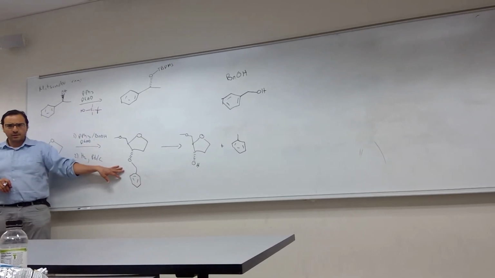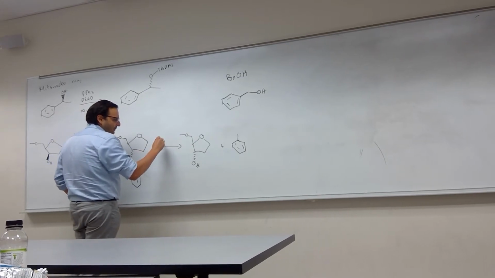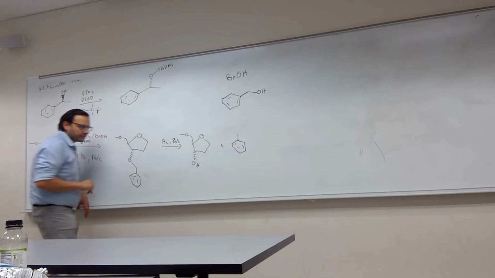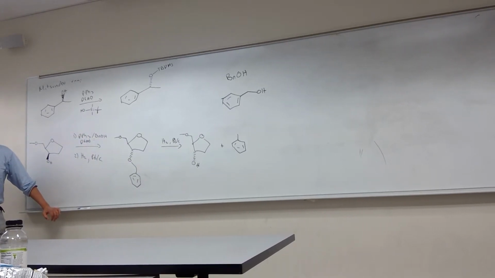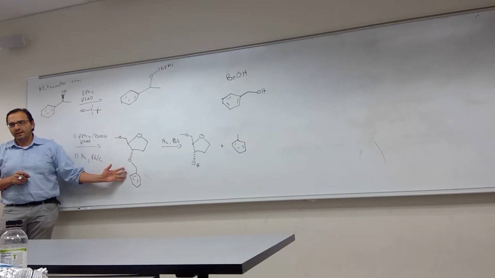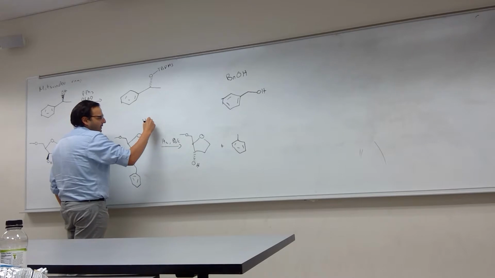Again, this is a protecting group that can be knocked off in the presence of hydrogen and a catalyst. It's only happening for benzyl, right? For benzyl groups, this is the benzyl, the OBn. Now this is called what? Hydrogenolysis.